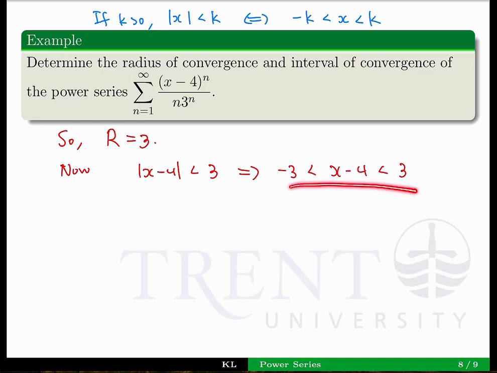Going back here, we add 4 on all sides. This means that we have 1 less than x less than 7. Okay? So what does this mean? The series converges on the interval (1, 7).